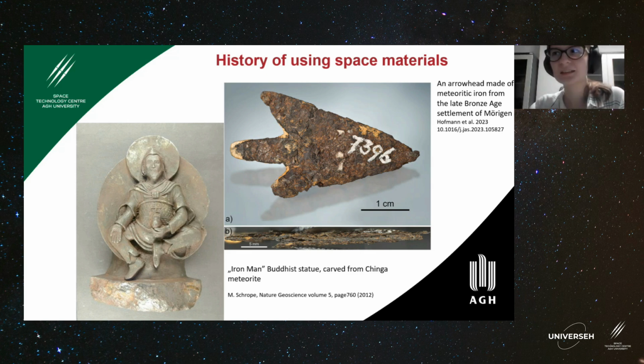Unfortunately, it is still unknown when it was carved, because the history of it is not really well known, and only recently it was identified as actually being made from this meteorite. So space materials can also help with decorative, maybe ritual objects.